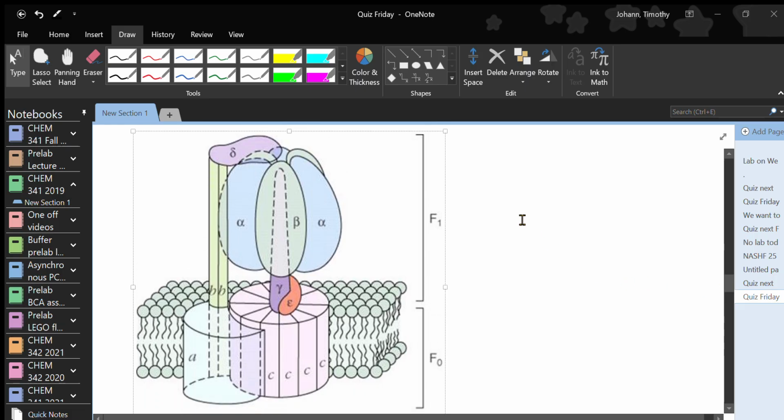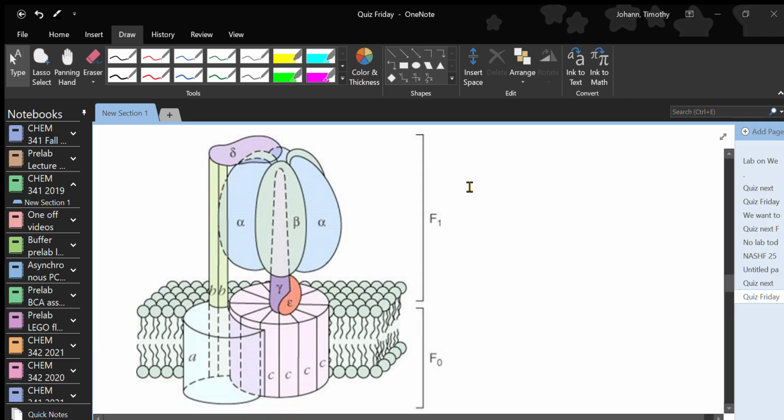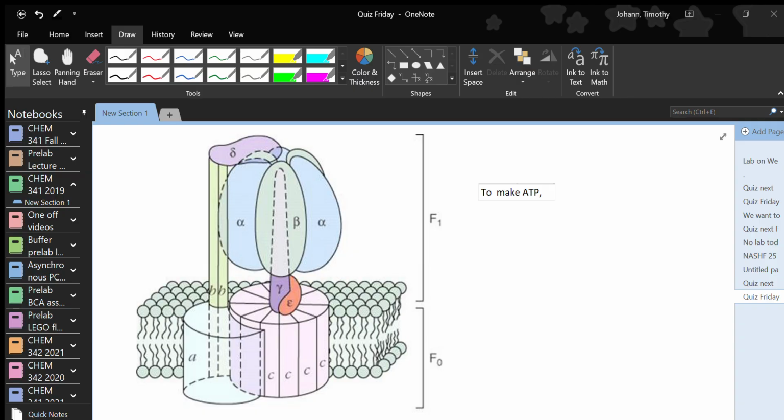Okay, so if I look at this, to make ATP, protons are going to go through the C subunits that turn.